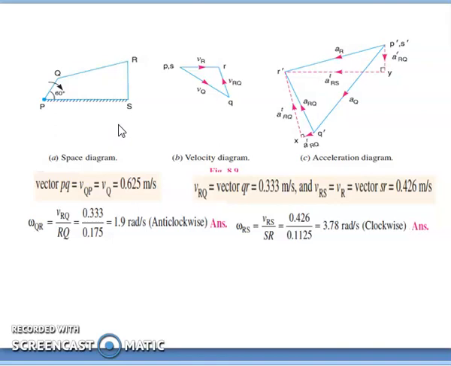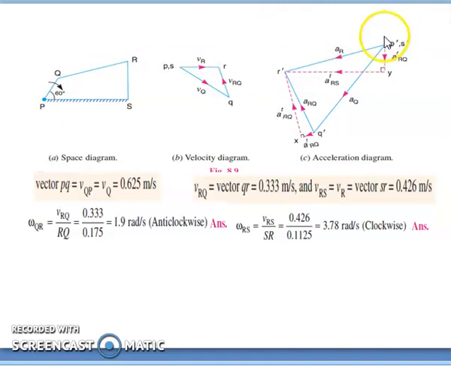Since it is moving with a constant angular velocity, it will have only the radial component. Since it is rotating with P as center, the radial component will be directed in the downward direction.